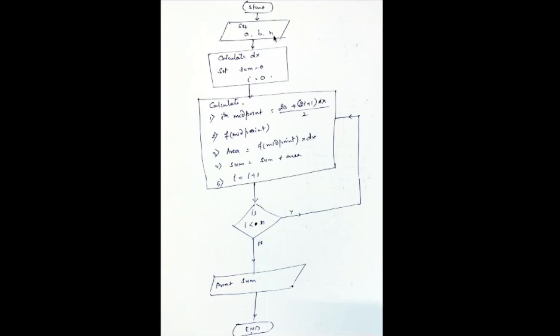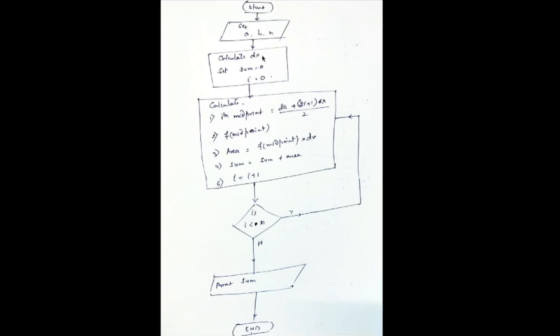In the program that I am going to demonstrate, I have fixed these values, but these values can be given by the user at the time of entering. So they form the input part. That is why they are in a parallelogram here.